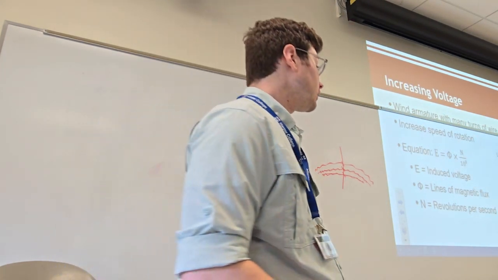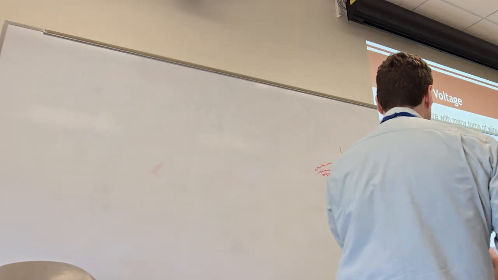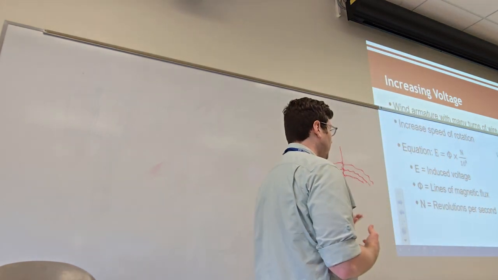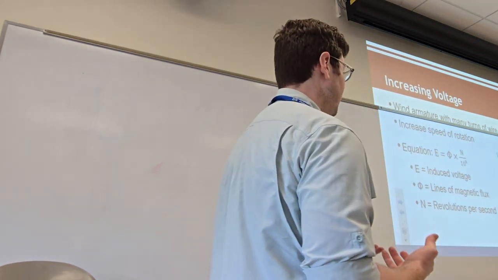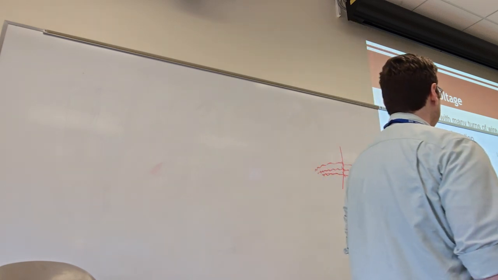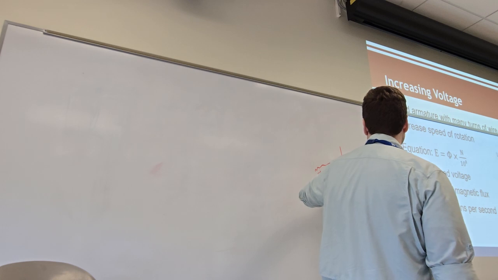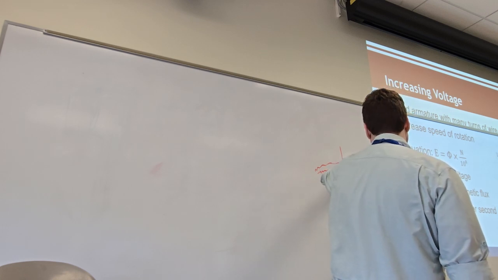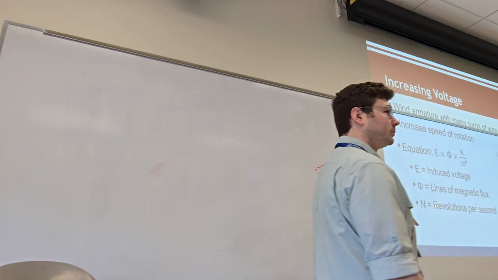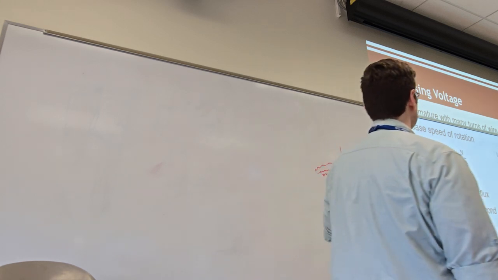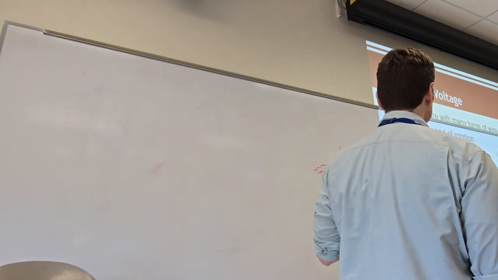All right, so there's a couple things that we can take from that. Again, how do we optimize our generator? How do we make a good generator? So how do we optimize the problem of getting as much wire in there as possible to cross as many field lines as possible? The way that we do that is that we use many turns of wire.